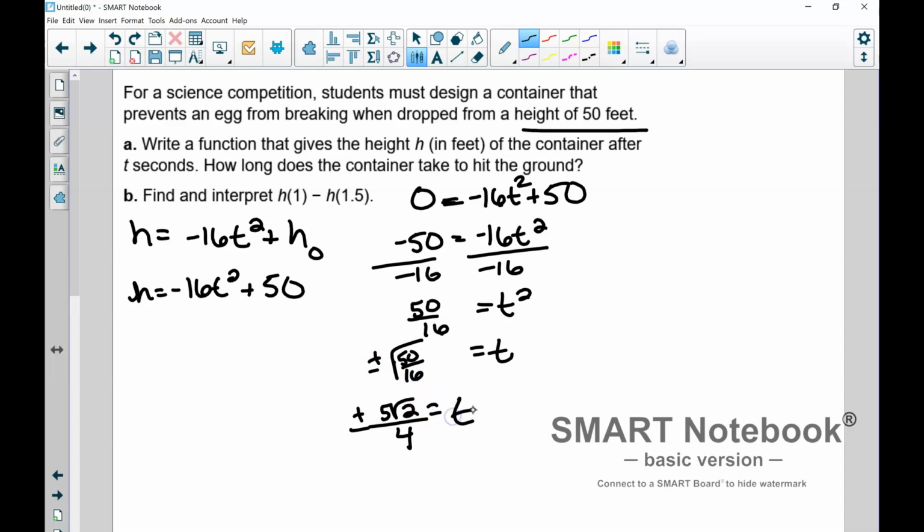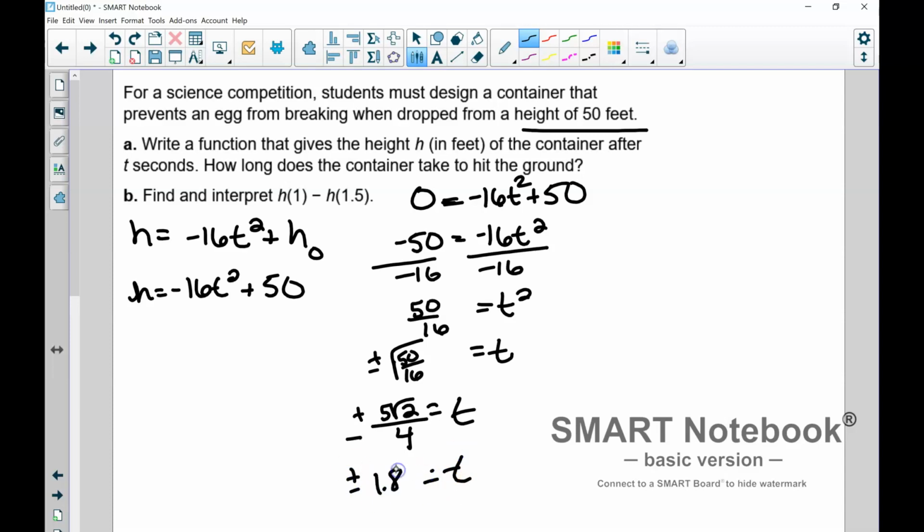Now, we're going to reject the negative. Why? We're going to reject the negative solution because time has to be positive, and that's what t stands for. So in our case, while this would go to the other side, we're going to reject it. So in your calculator, you can do 5 times the square root of 2, divide that by 4, and you're going to get approximately 1.8.